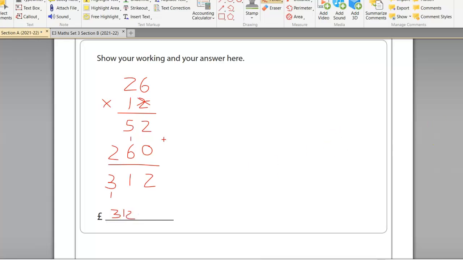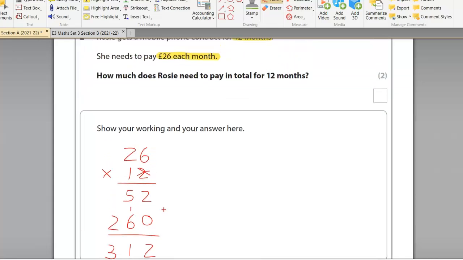Now, if you don't like long multiplication, remember you can do it using the box method. So you can do it by saying 26 is the same as 20 and 6. 12 is made up of 10 and 2.